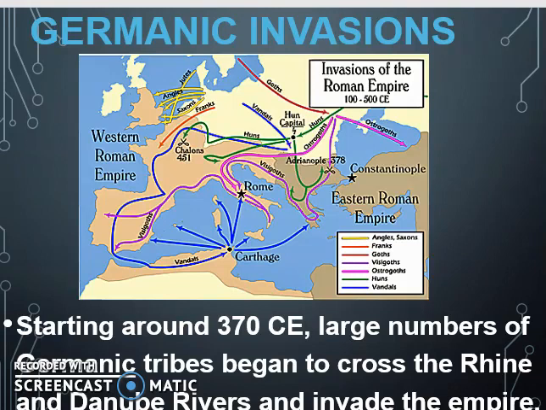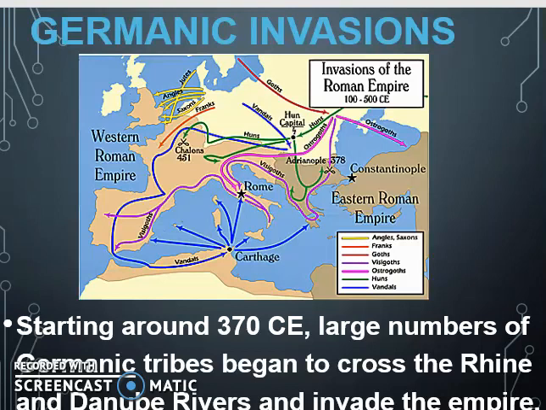Germanic invasions. Starting around 370 CE, large numbers of Germanic tribes began to cross the Rhine and Danube rivers and invade the empire. So the image above shows you the different groups and their routes. All of these different arrows pointing to different areas, different regions of the Roman Empire. These Germanic invasions will be all over the empire.